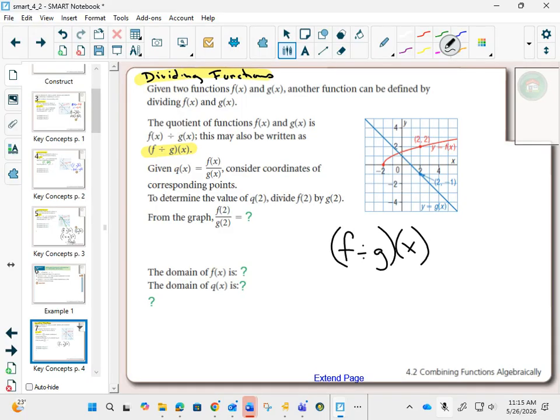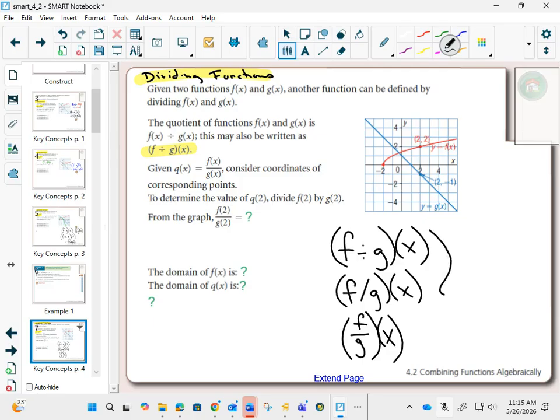I've seen this, I've seen this, I've seen this. All of these, I would rewrite them. They all mean f of x divided by g of x.